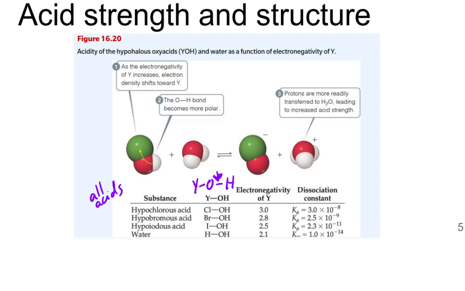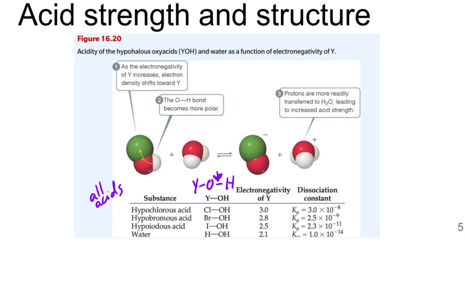In this case, because oxygen and hydrogen are the ones that are always bound, the bond strength is essentially the same, very close at least. And so electronegativity becomes more powerful in how it affects acidity.